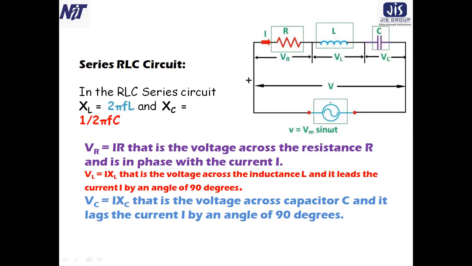Now in this circuit, the applied voltage is V. This is the total voltage. The voltage drop across the resistor is VR, the voltage drop across the inductor is VL, and the voltage drop across the capacitor is VC.